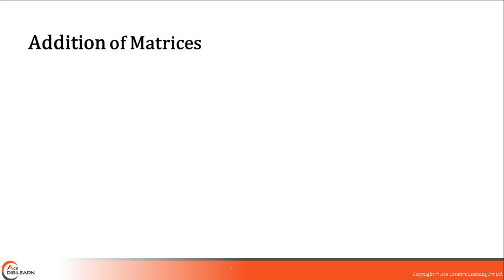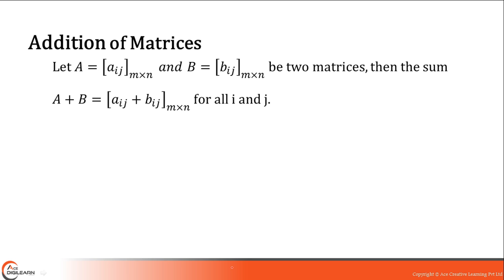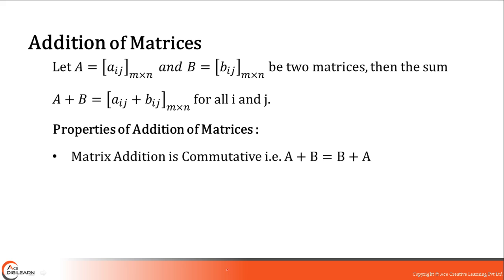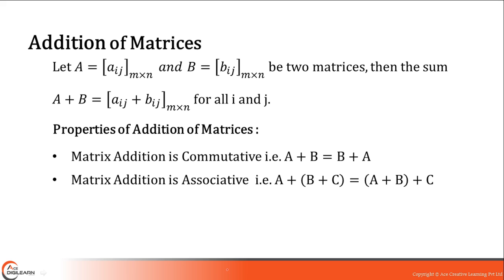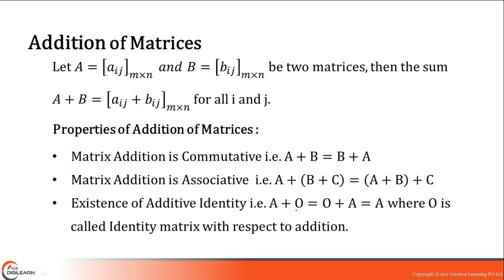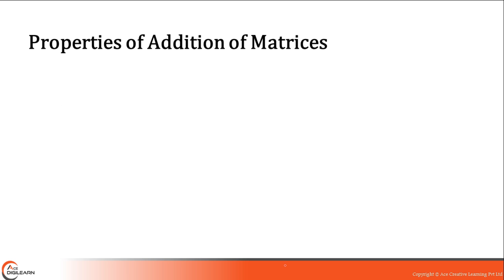Next, addition of matrices. Two matrices can be added if they are of same order and the corresponding elements can be added. Properties related to addition of matrices. Matrix addition is commutative and matrix addition is associative. Zero matrix is called the additive identity.